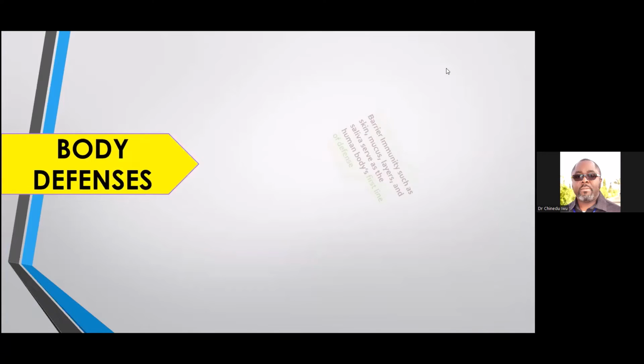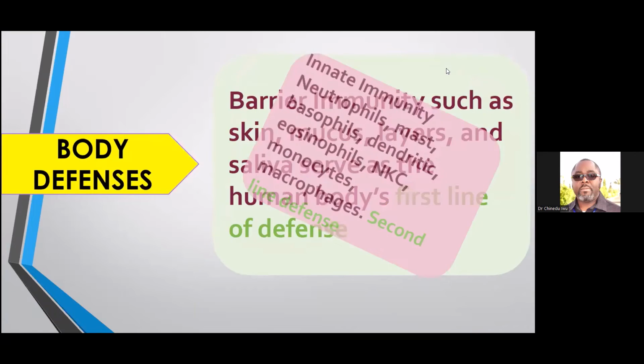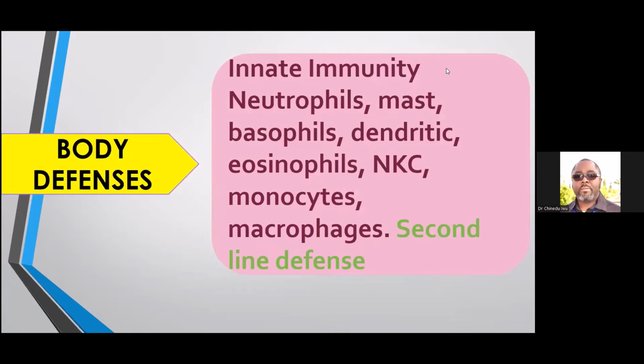Now, the body defenses. The first line of defense is the barrier immunity. Second line of defense, innate immunity.